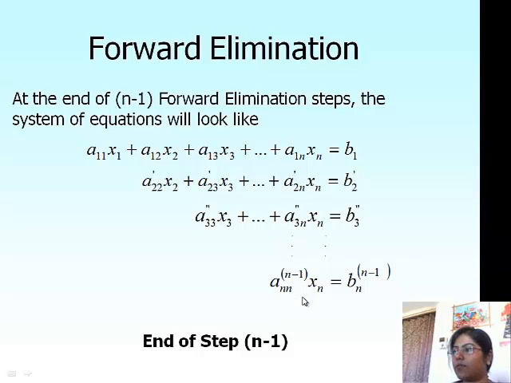And with n minus 1 steps we have ann to the power n minus 1 xn equals bn to the power n minus 1.